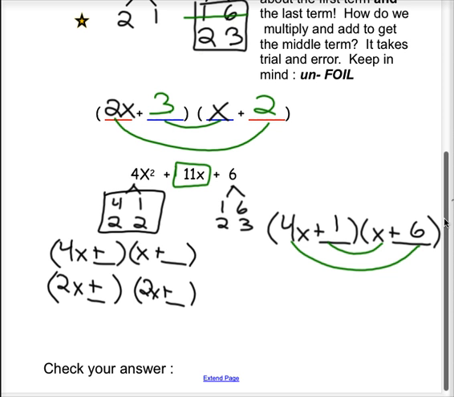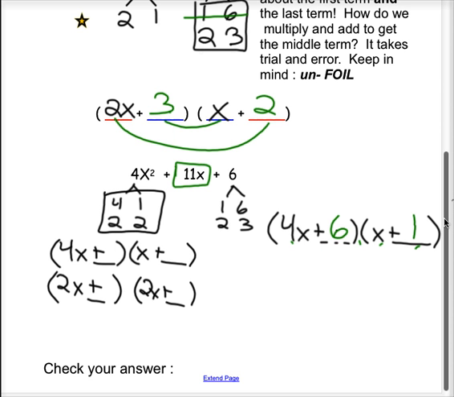So 4 and 6, well, that's giving us 24. 1 and x, well, that's giving us 1. That's giving us 25, not what we're looking for. So let's try a different combination. Let's flip the 6 and the 1, and let's see what happens now.